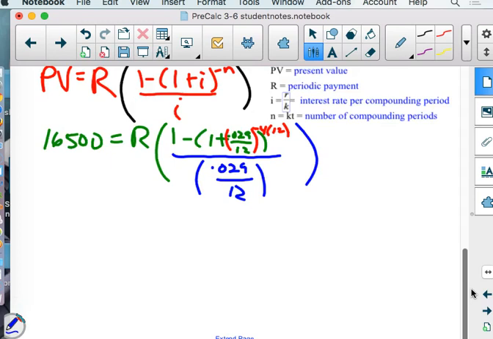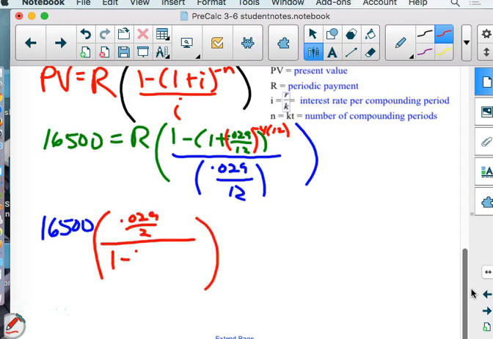Now, there are different methods you'll see used depending on who you have that's teaching you about this financial business. Some people like to multiply by the reciprocal. So some people would say, I'm going to take $16,500 and multiply that by 0.029 divided by 12 over 1 minus 1 plus 0.029 divided by 12 to the negative 48, and get the answer.